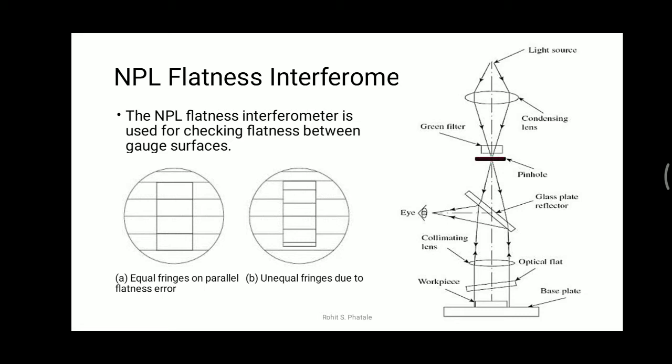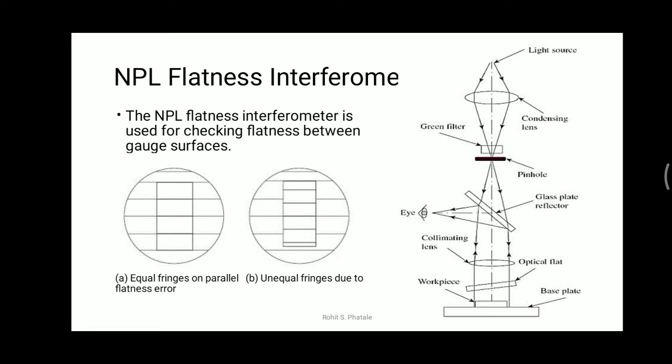The flatness of any object is judged by comparing it with an optically flat surface, which is the base plate over here. So the flatness of this workpiece can be judged with the help of this base plate.